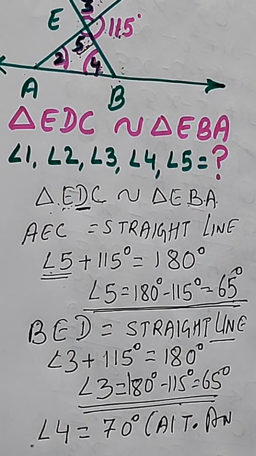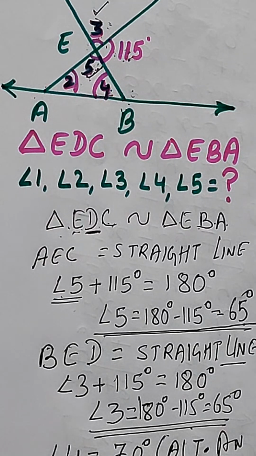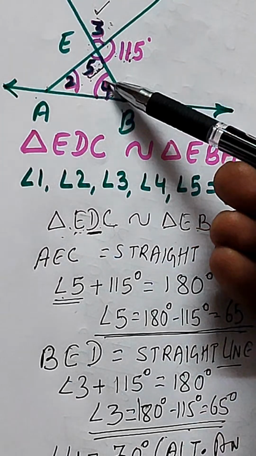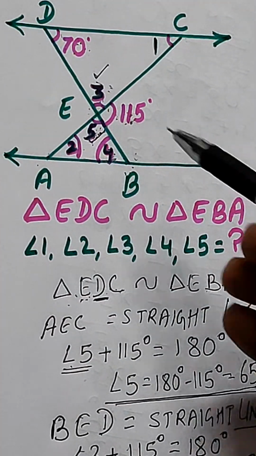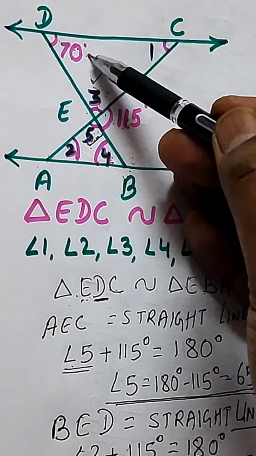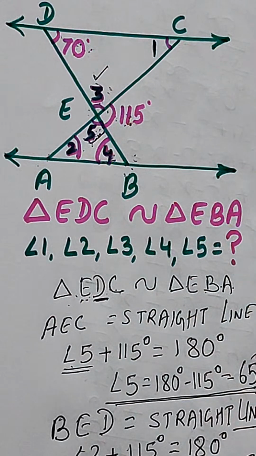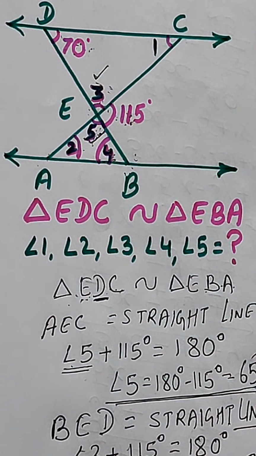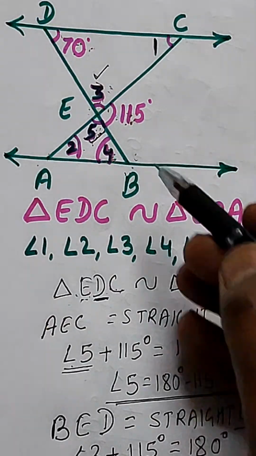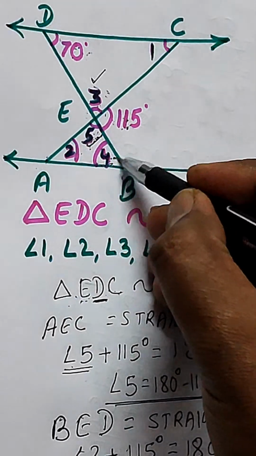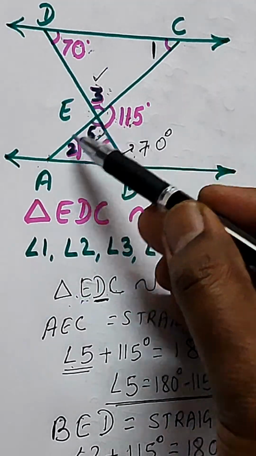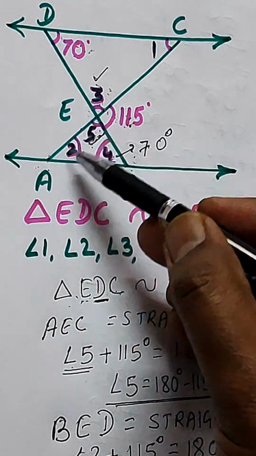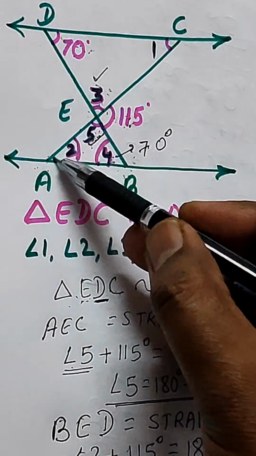Now we will go and find the other remaining angles. So angle 4 was calculated as equal to 70 degrees. Now you can see triangle EAB is a triangle.